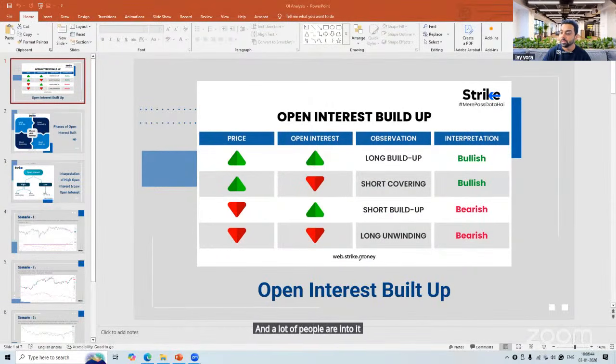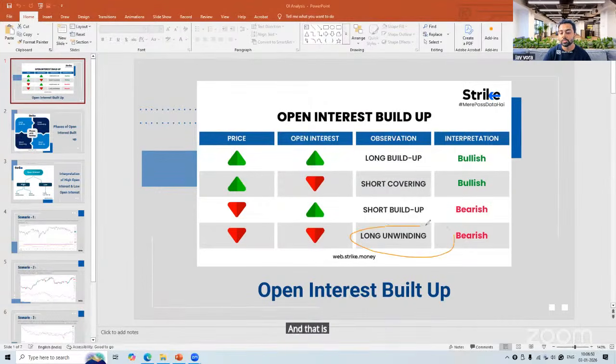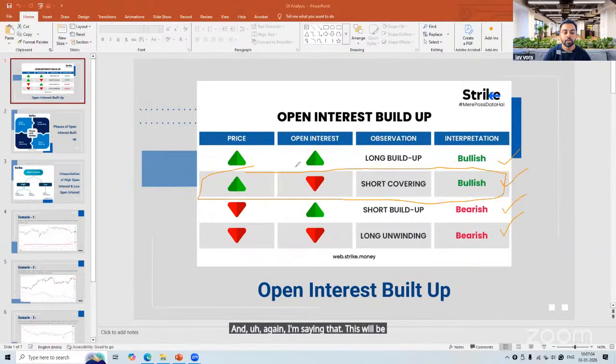But when the prices fall, the people who are long get scared and they cover, and that is what we call long unwinding. So these are the four important interpretations for price and open interest. And again, this will be our focus area because this is the one that is most rewarding.